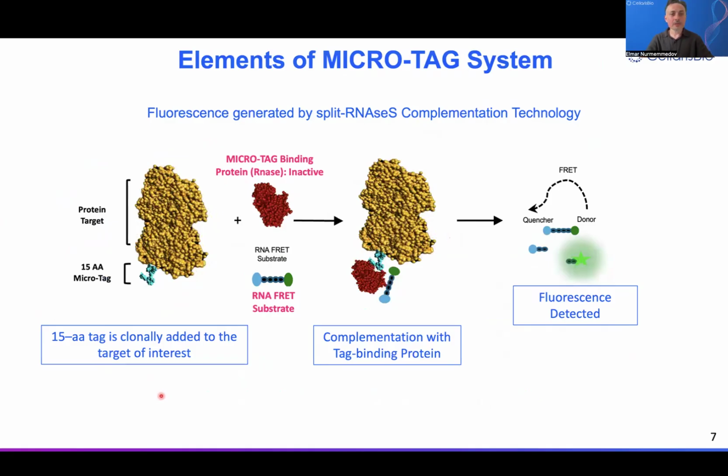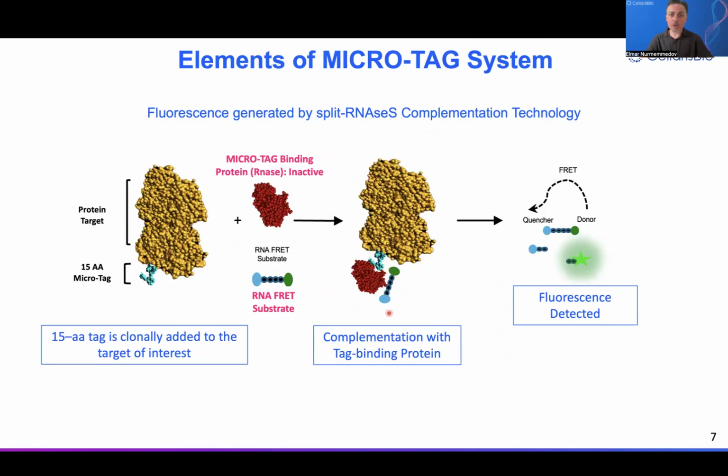A few more words about the elements of the microtag system, the anatomy of the system, if you will. Now, on the left side, you have your target protein. You would clonally attach that 15 amino acid tag, put that back into the cell. Now you have a reporter cell. You would then detect the signal by adding the tag binding protein and the FRET substrate.